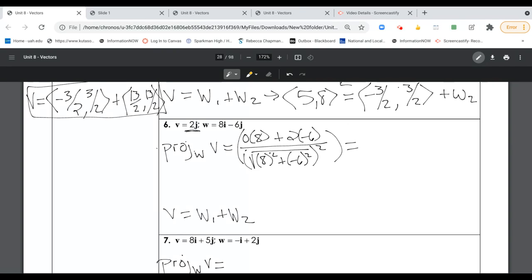On the top, I left off my vector, and that would be 8, negative 6. So when I clean up the numerator, I have negative 12 over 100. I will multiply that by the component vector 8, negative 6, and that gives me vector 1, which is negative 24 over 25 and 18 over 25.